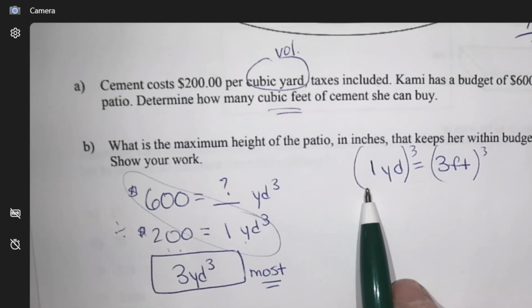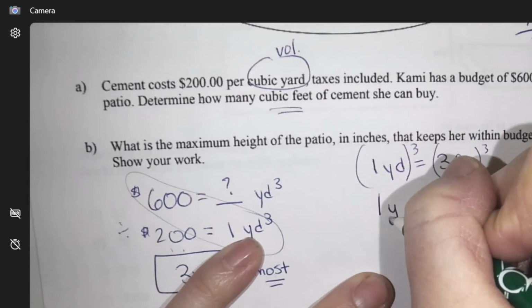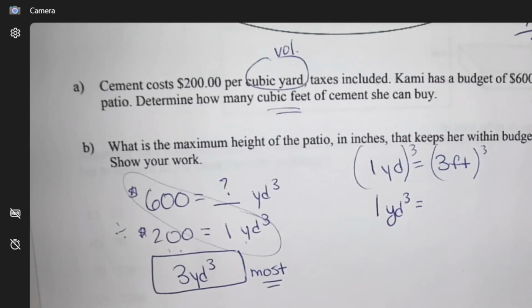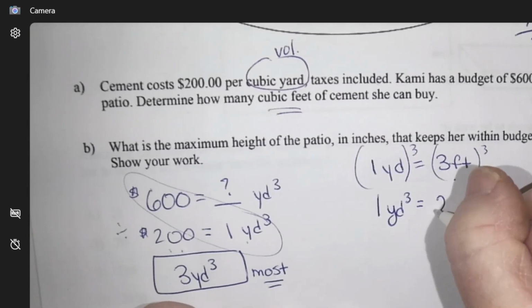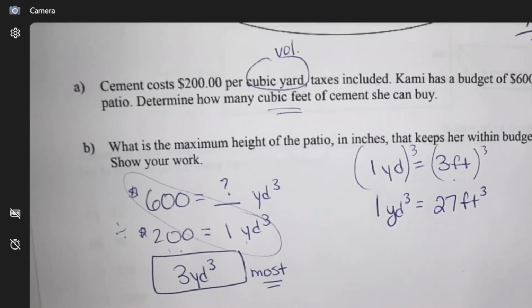So what is the number 1 times 1 times 1? 1 cubic yard. On this side, what's 3 times 3 times 3? 27. If you wanted to go to area, what's your ratio?